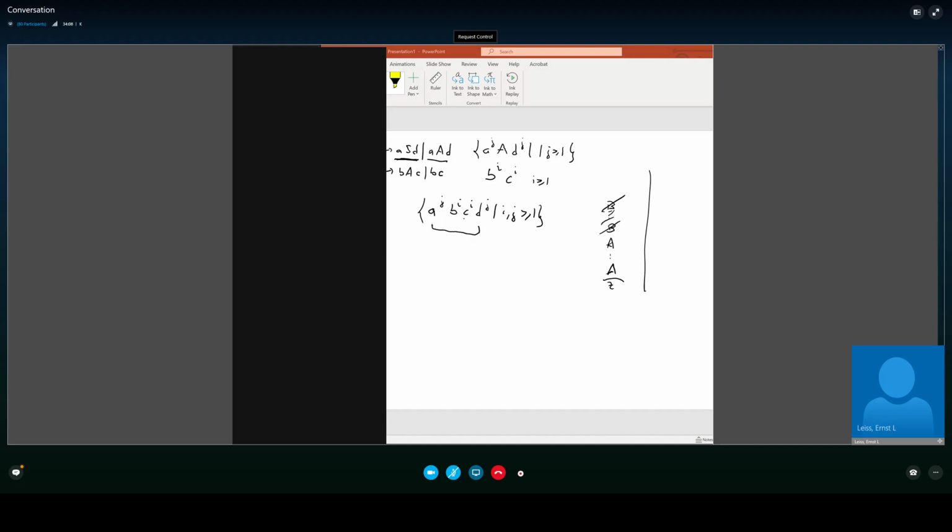Acceptance by final state is acceptance by final state. You end up in a final state if you've consumed the entire input, and you end up in a final state, then that input is accepted.